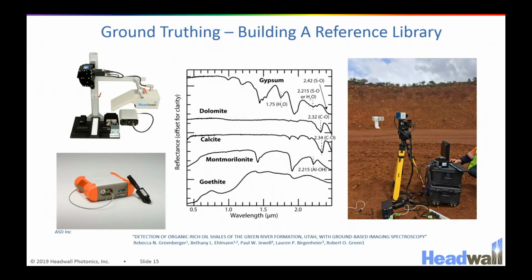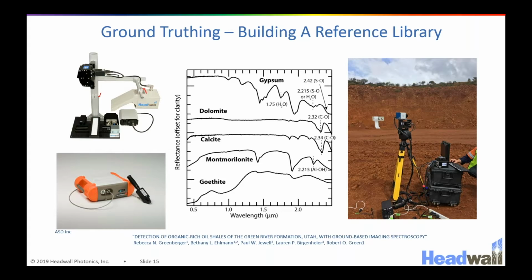Now I'm just going to briefly talk about ground truthing and how you analyze hyperspectral data. Often when you collect a hyperspectral image of a large scene, you end up with a data cube where you have a spectrum at a bunch of different spatial pixels, and that spectrum will depend on the optical or chemical characteristics of whatever your sample is.